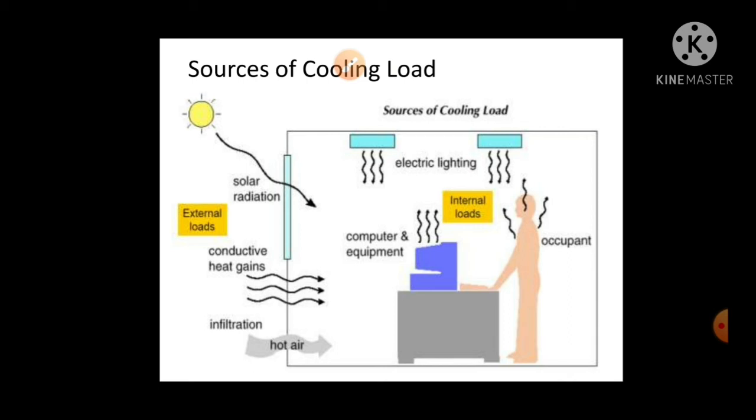Now what are the external heat loads? Heat is carried from high temperature to low temperature. As we are maintaining the room at a lower temperature than the surrounding temperature, heat will try to enter into the room, into the conditioned space, from the surroundings, from walls, roofs, floor, windows, doors, glass, and due to infiltration air.